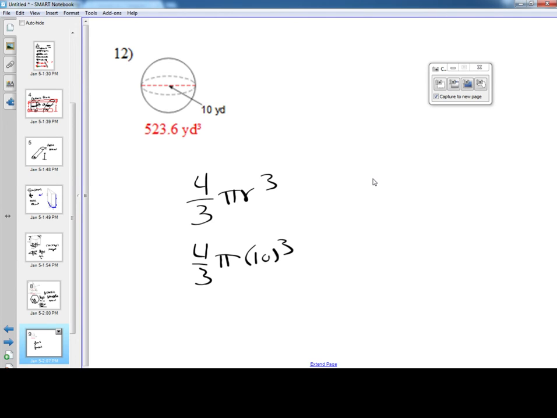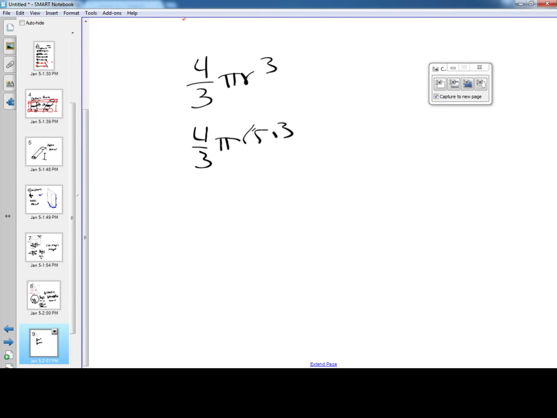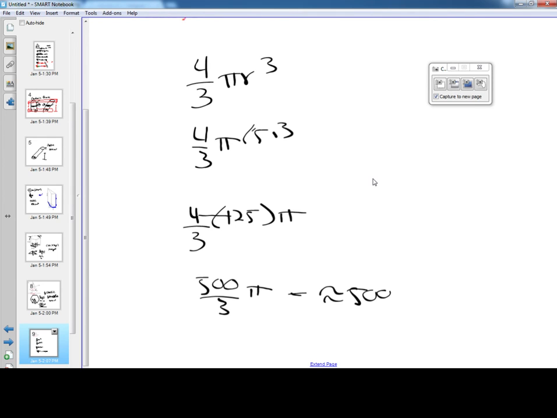That's the diameter. So 5, that would give me 4/3 times 125 times pi. That doesn't divide. So this would be 500 thirds pi. And your solution should be approximately 500, a little bit more.